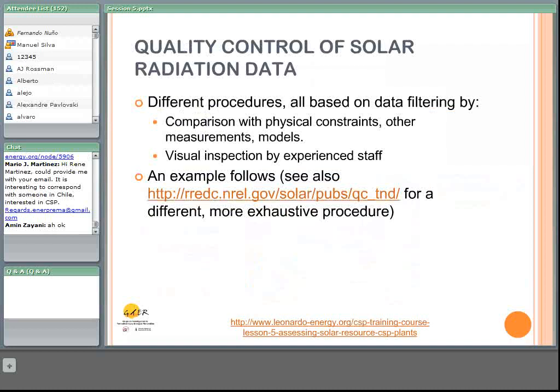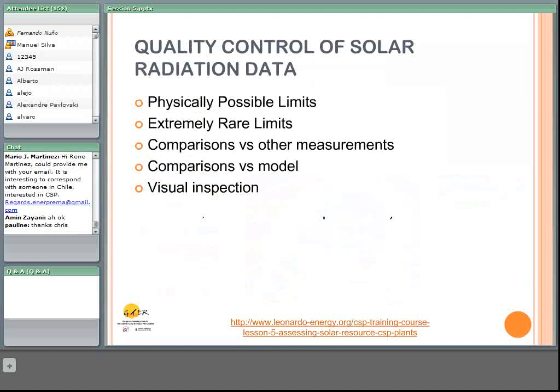There are also other procedures. For example, I've given here the reference of a more exhaustive procedure proposed by IRRADIATION, or at least documented by IRRADIATION. Regarding the Baseline Surface Radiation Network quality test procedure, there are 5 tests.